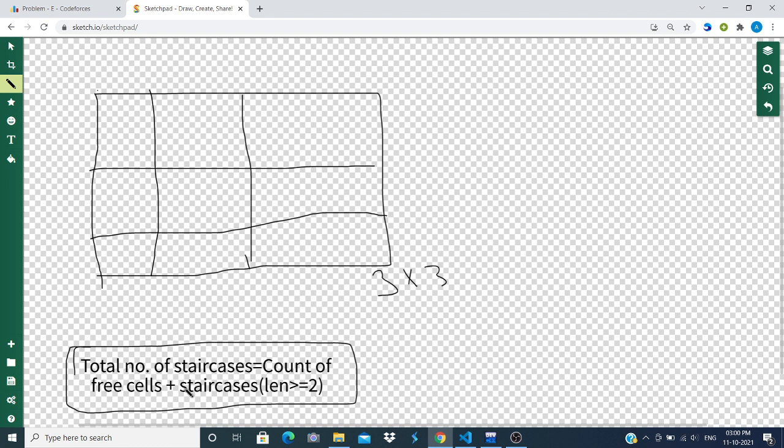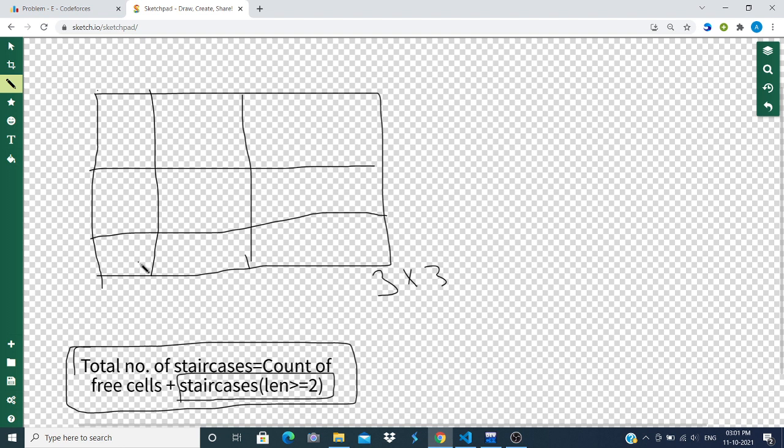Counting these free cells is quite easy, and in fact after each query we can count the free cells in O(1). What is difficult is counting the number of staircases which have length greater than or equal to 2.